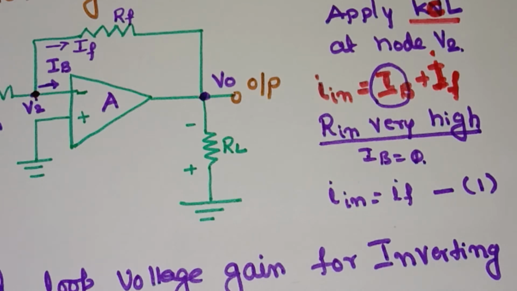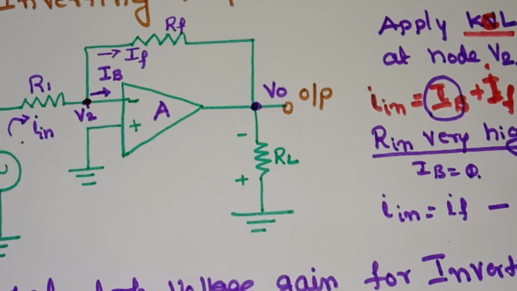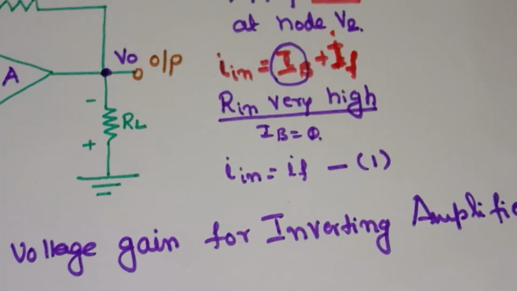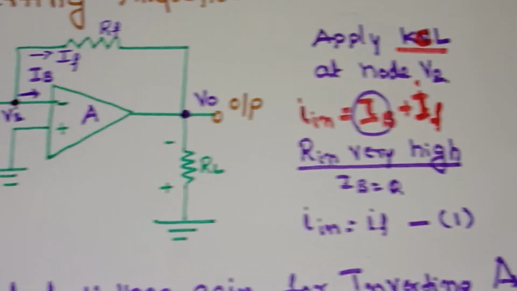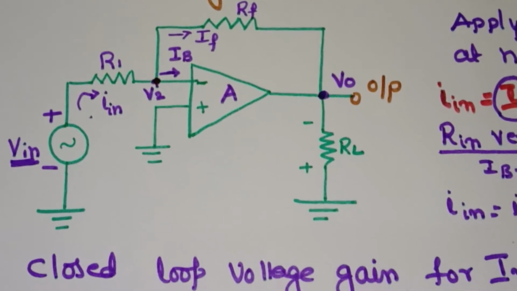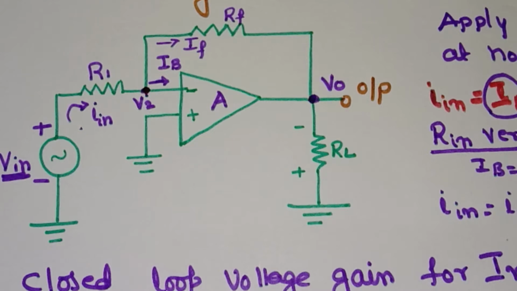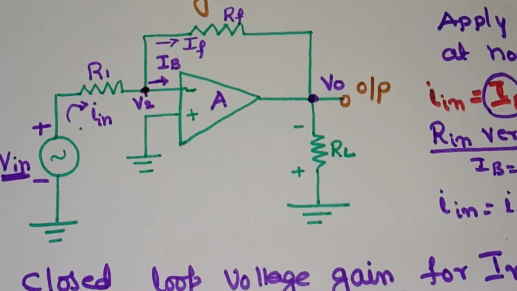So next, what should we do? All of you understood? Let us hope all of you understood what you have to do here. The figure shows the circuit diagram for the inverting operational amplifier with feedback.